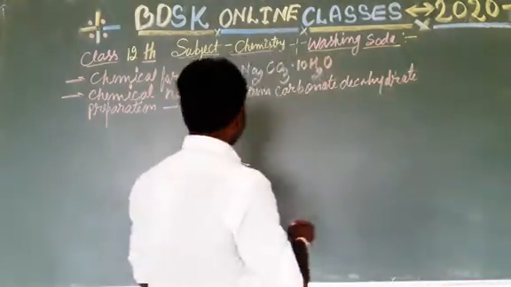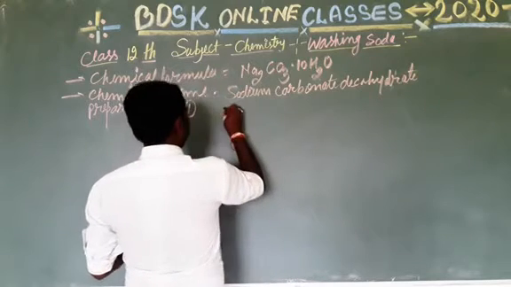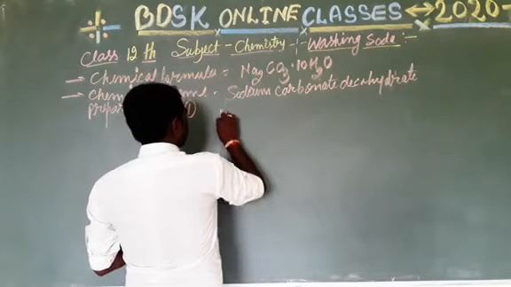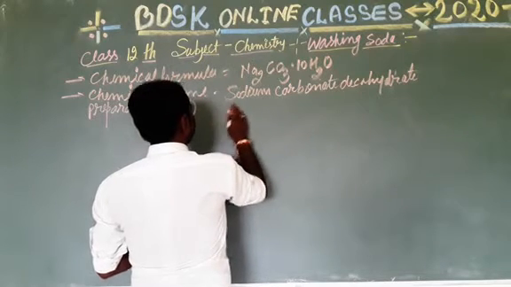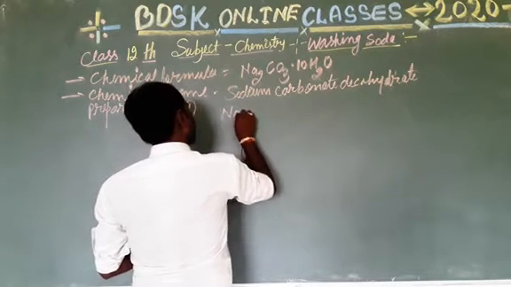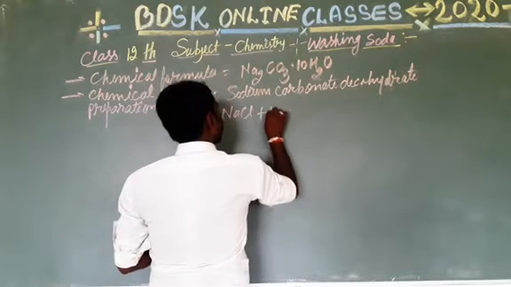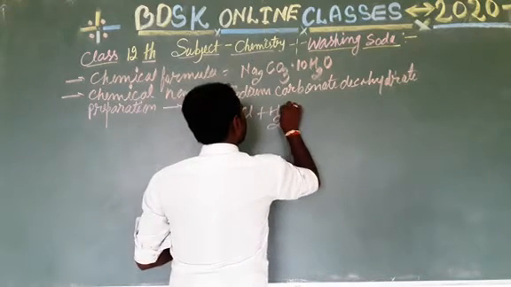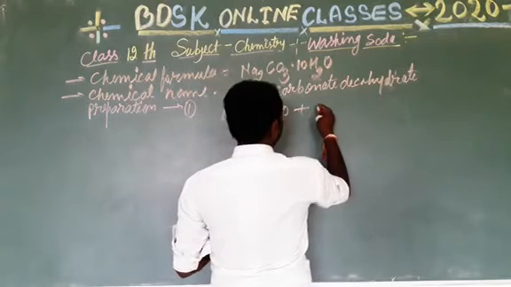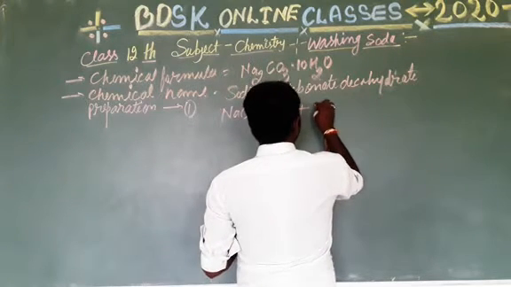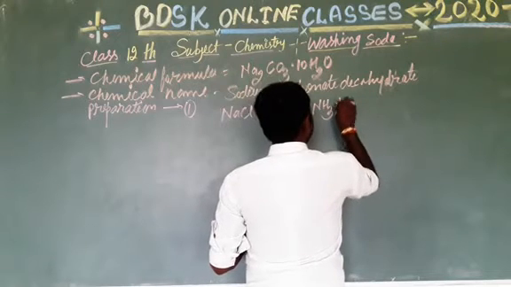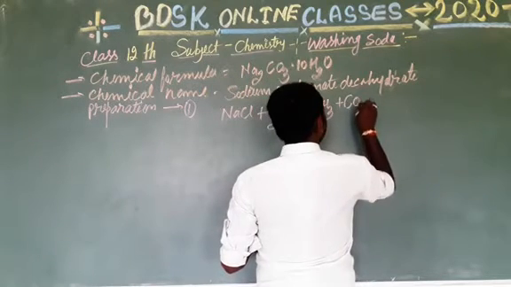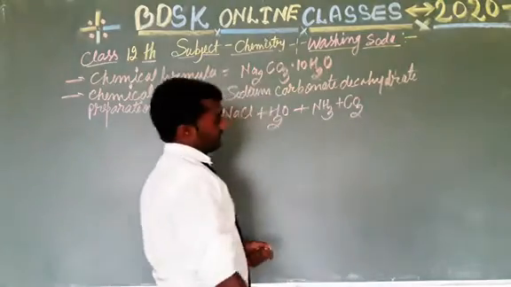You can see here, this concentrated solution of sodium chloride reacts with ammonia and carbon dioxide gas.